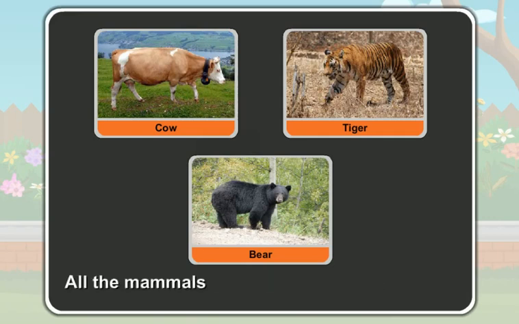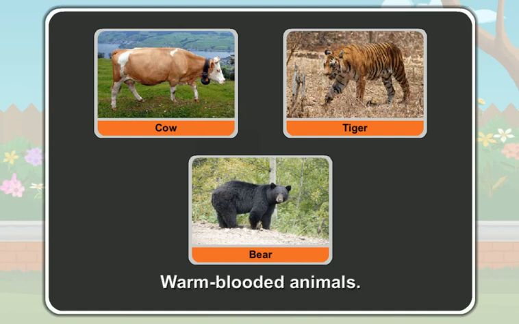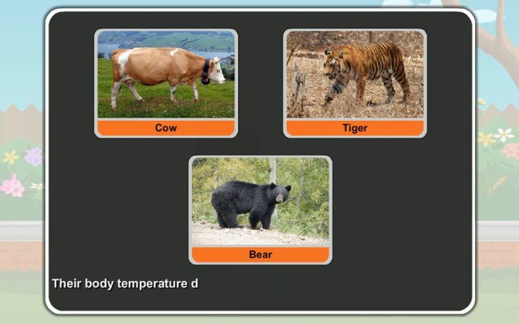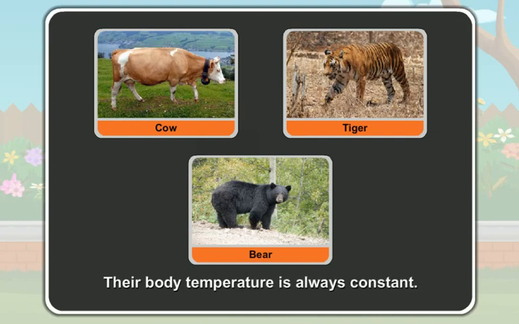All the mammals have 4-chambered heart. Like aves, mammals are also warm-blooded animals. Their body temperature doesn't change according to their surroundings. Their body temperature is always constant.